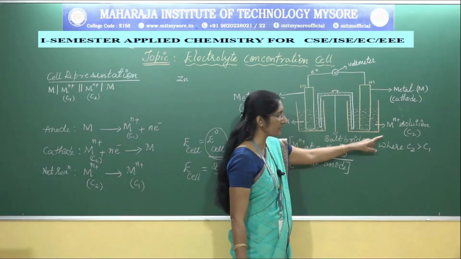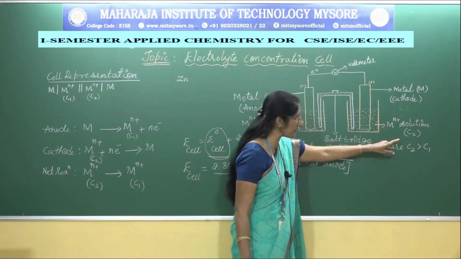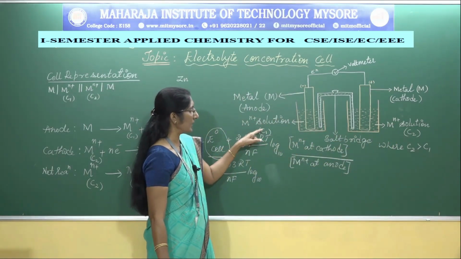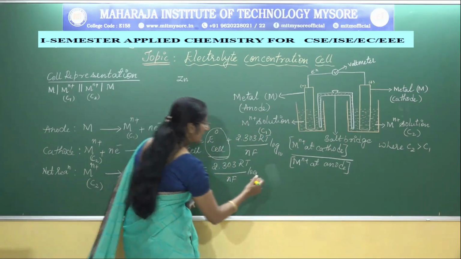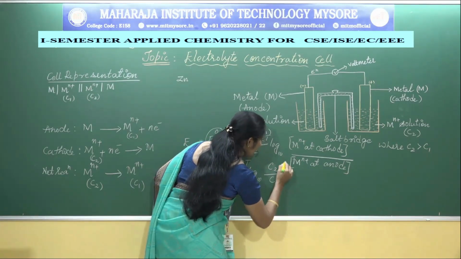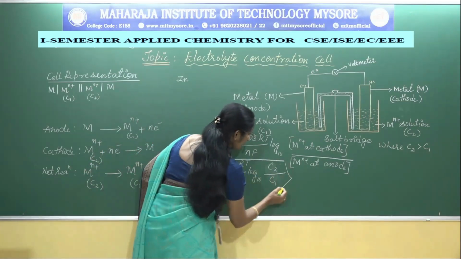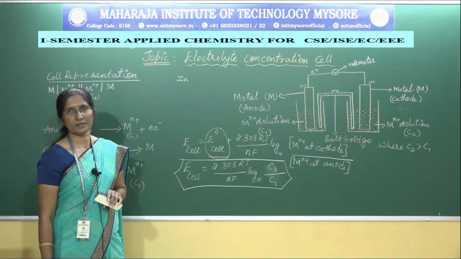According to the diagram, what is the concentration of metal ion at the cathode? It is C2 molar. And what is the concentration of metal ion at the anode compartment? It is C1 molar. So, this expression becomes C2 by C1. This is the general equation to calculate the EMF of a concentration cell at any temperature.